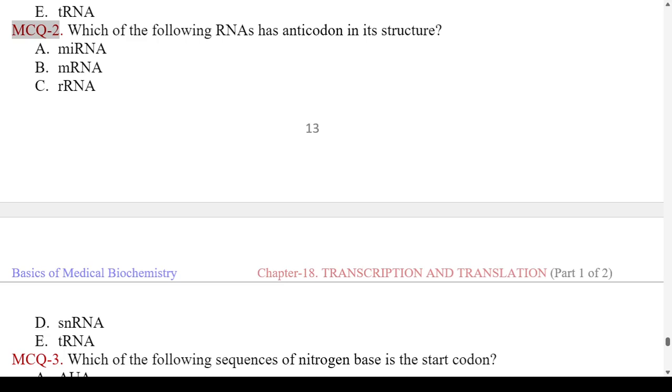MCQ 2. Which of the following RNAs has anticodon in its structure? mRNA, rRNA, snRNA, tRNA.